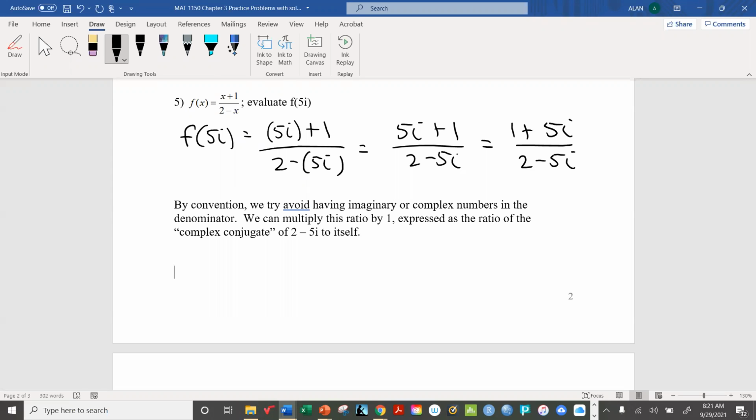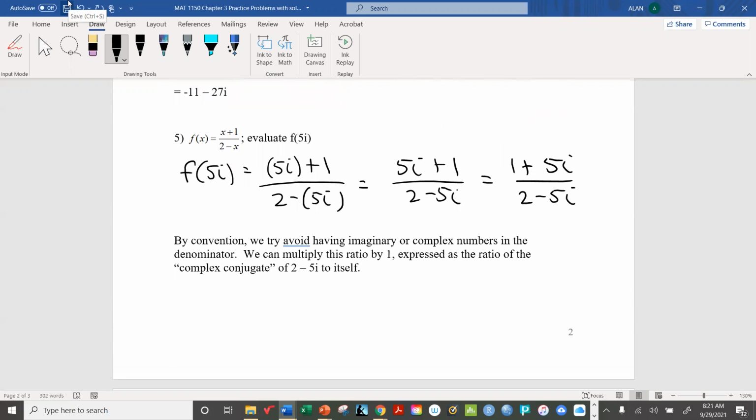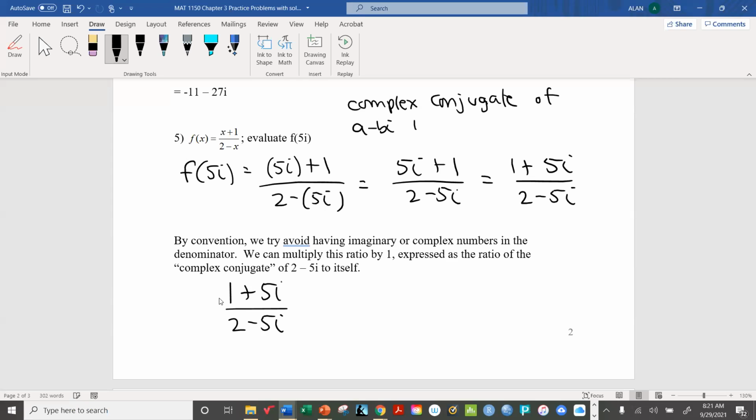In other words, what I'm proposing to do is take this expression. It's hard to explain in English. The complex conjugate, I'll mention it up here, the complex conjugate of, let's say, a minus bi is a plus bi, and vice versa as well. Okay, so these are complex conjugates of each other.